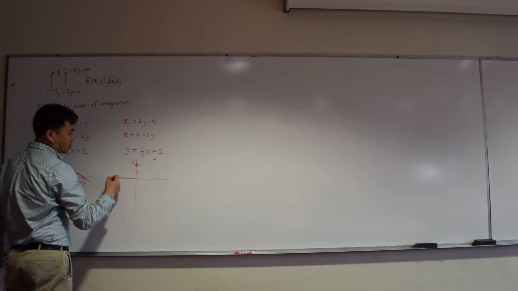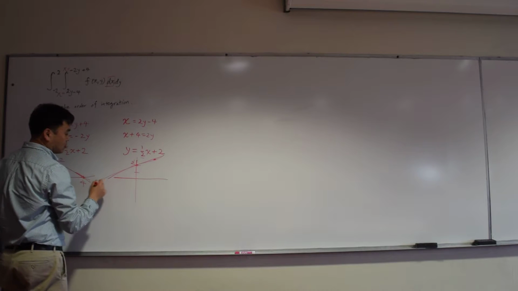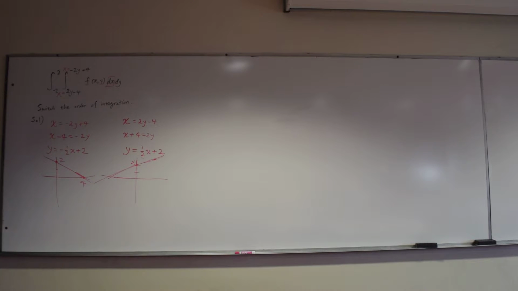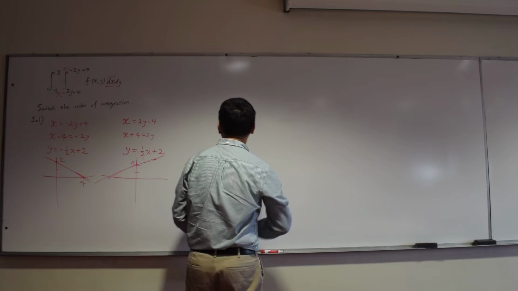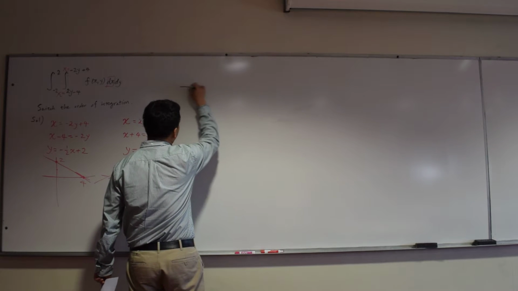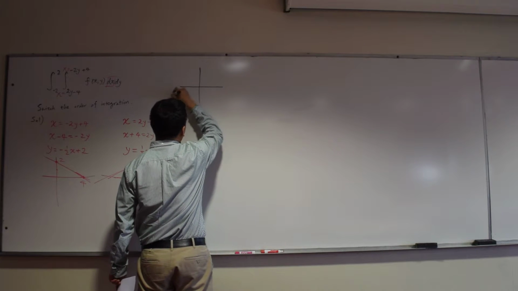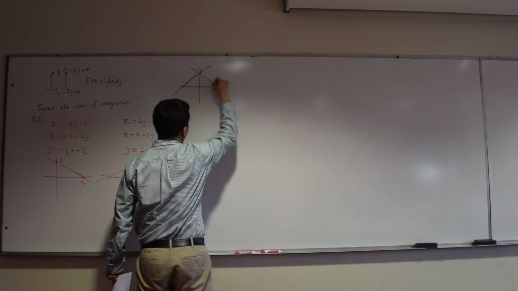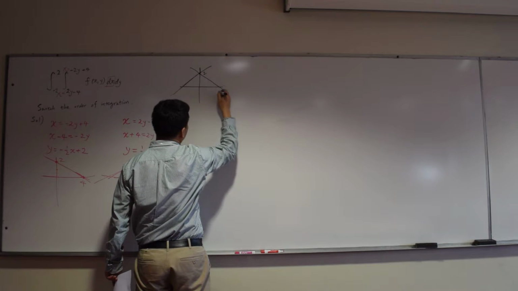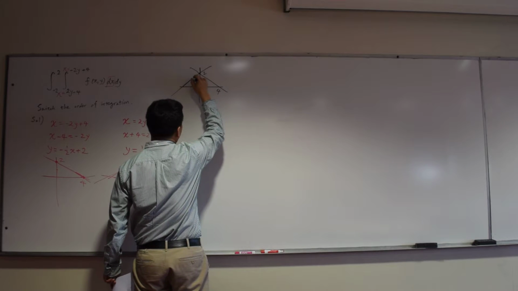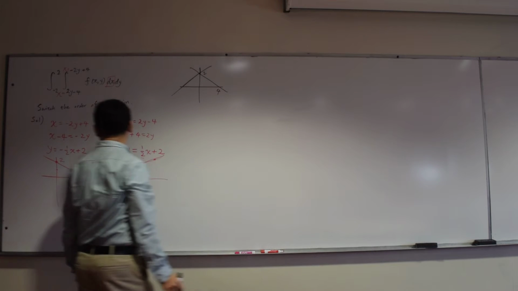So it's this way. Alright, so putting those two together, this is what I get. Two here, 4 there. And these are the two graphs.